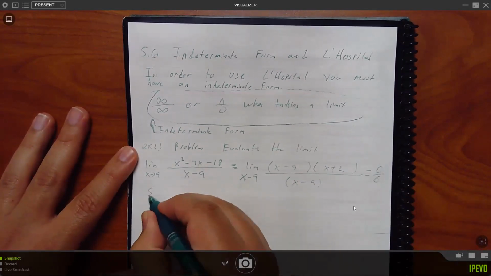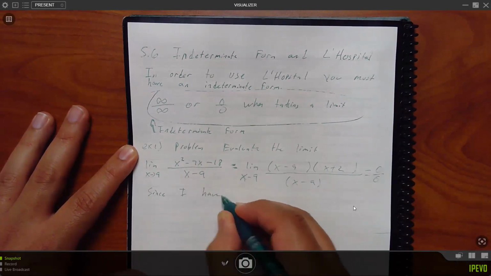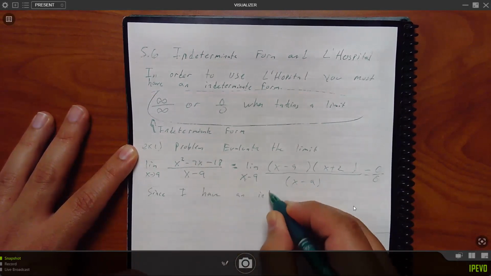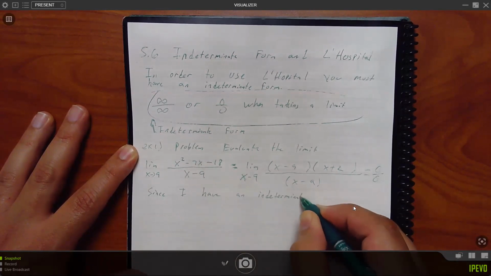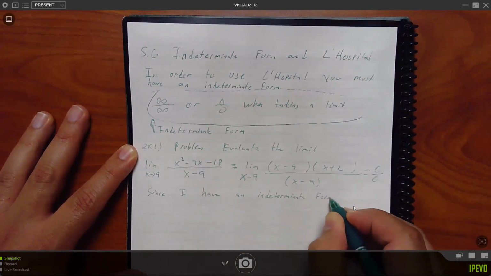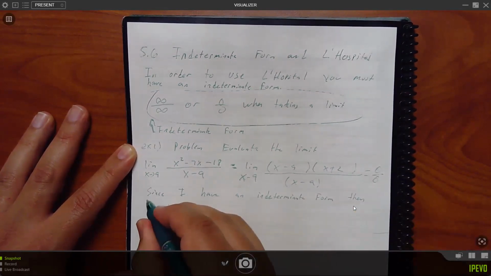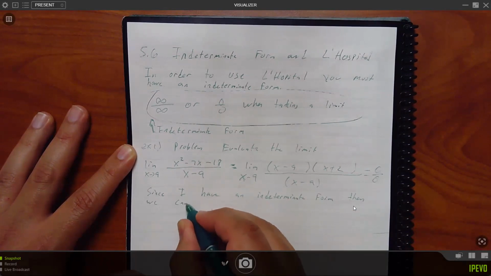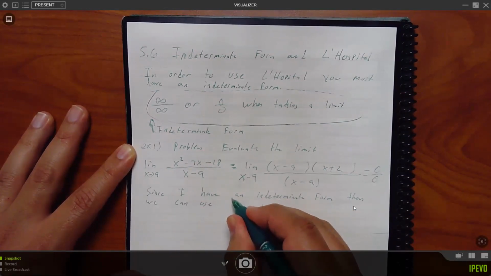So since I have an indeterminate form, then we can use L'Hopital.